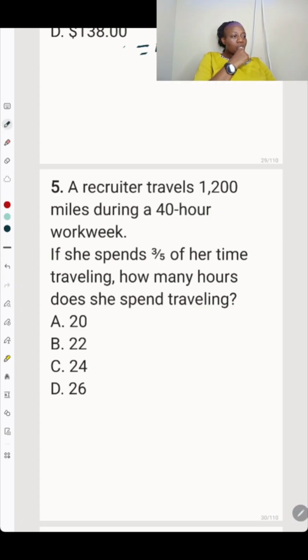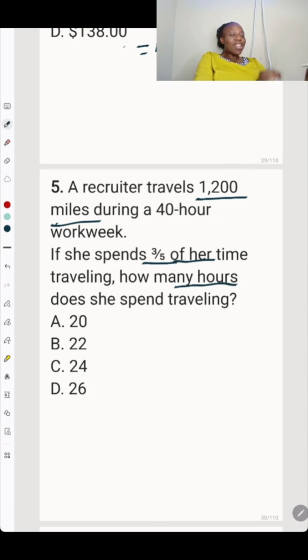A recruiter travels 1,200 miles. That's the distance covered. Then during a 40-hour work week, if she spends 3 over 5 of her time traveling, let's note that. How many hours does she spend traveling? So let's identify time.